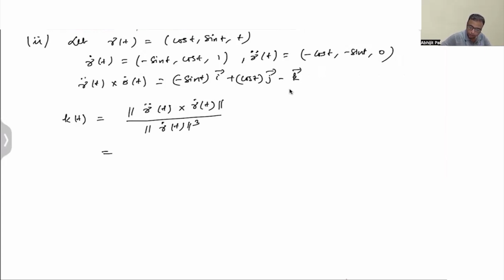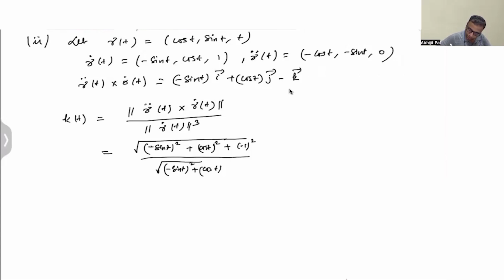So in the numerator, the norm of this vector product will be the root of (minus sin t) squared plus cos t squared plus (minus 1) squared, divided by the root of (minus sin t) squared plus cos t squared plus 1, to the power cube.